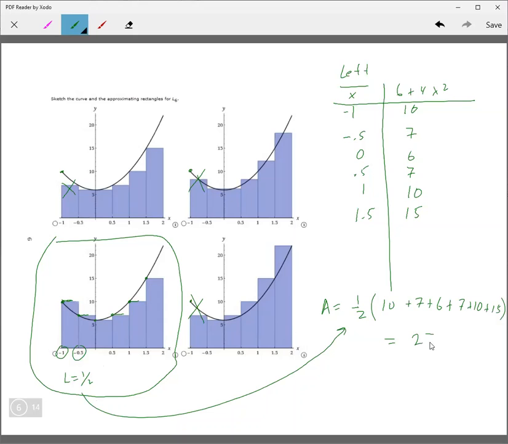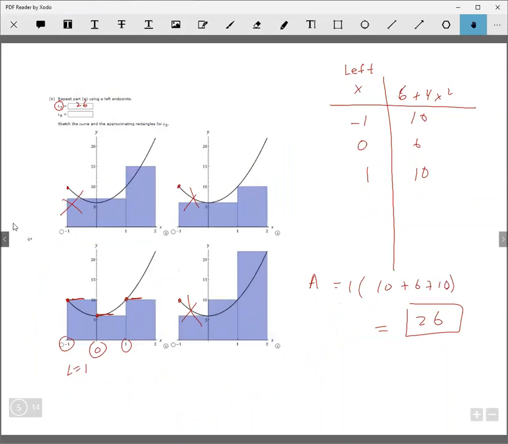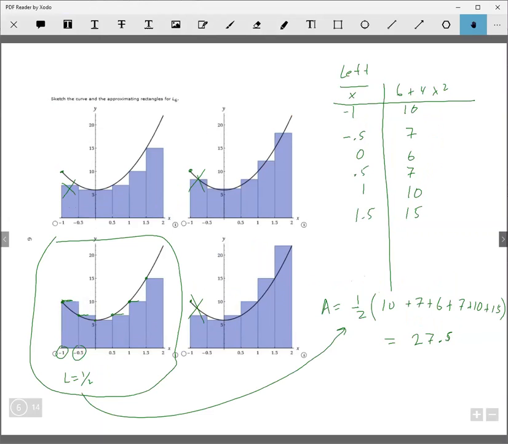And that works out to be 27.5. So we go back to here and 27.5.